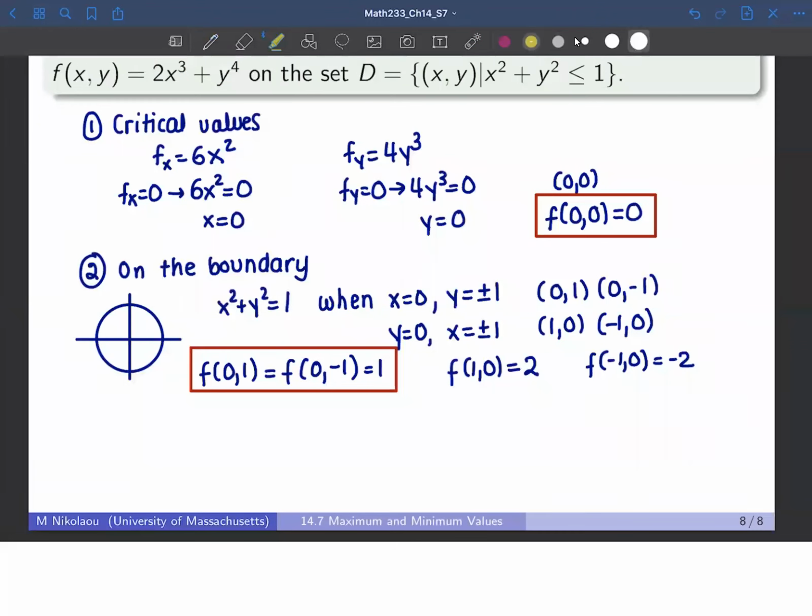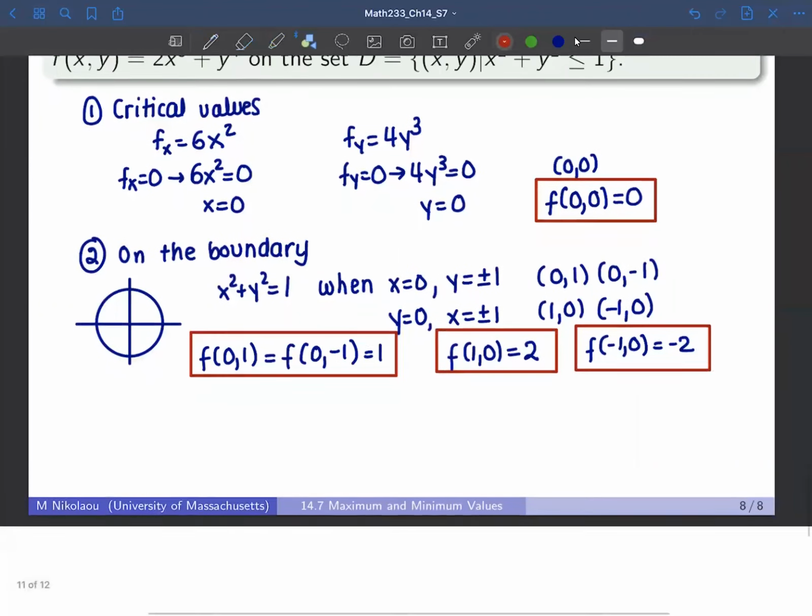Okay, so let's see now what happens on the boundary in general.